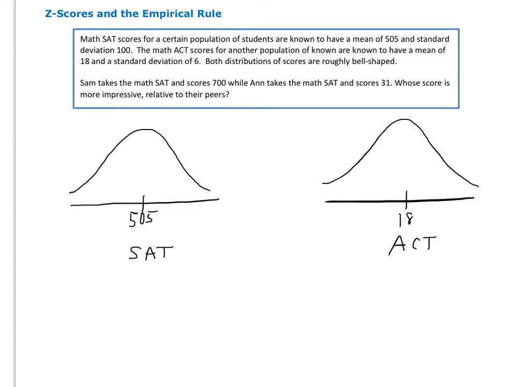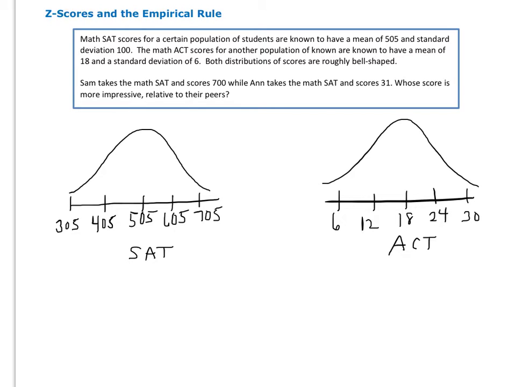The standard deviation for the SAT is 100, so I'm going to mark a couple of standard deviations in each direction from the mean. Similarly, for the ACT scores, I'll add and subtract several standard deviations in each direction from the mean. Standard deviation for this group is 6.